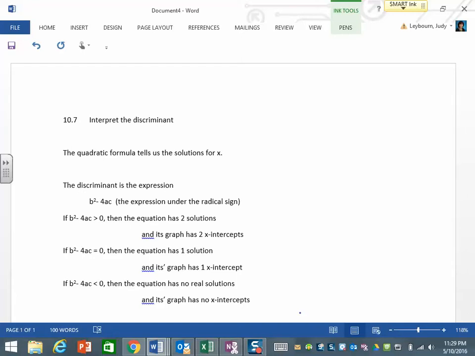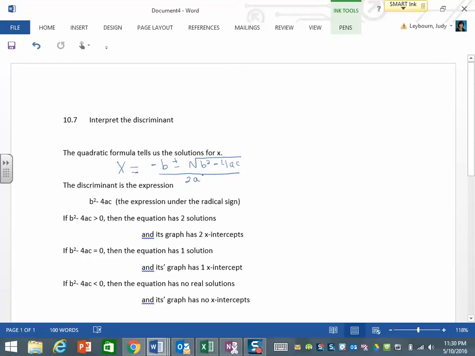The quadratic formula tells us the solutions for x. And hopefully you have enjoyed some of the songs and it's in your head. So x equals negative b, or the opposite of b, plus or minus the square root of b squared minus 4ac, all divided by 2a.